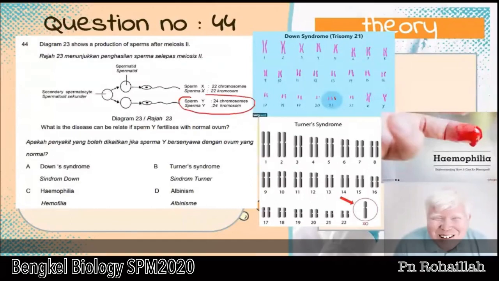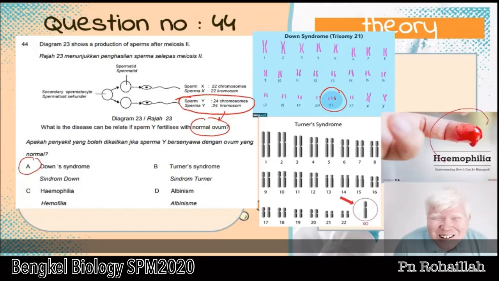If it fertilizes a normal ovum, it will have more than the normal chromosome number. Sorry, it will have one extra chromosome. So what will happen? Down syndrome, you look at chromosome number 21, extra. So the answer is A.